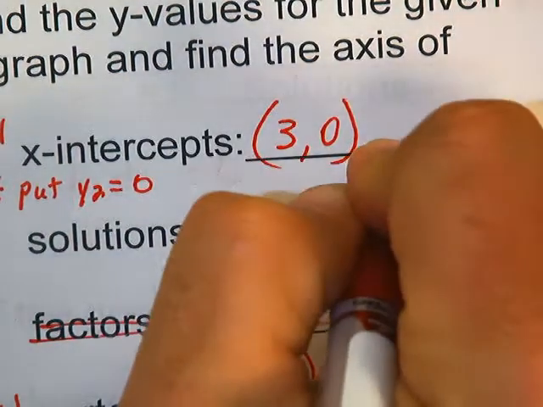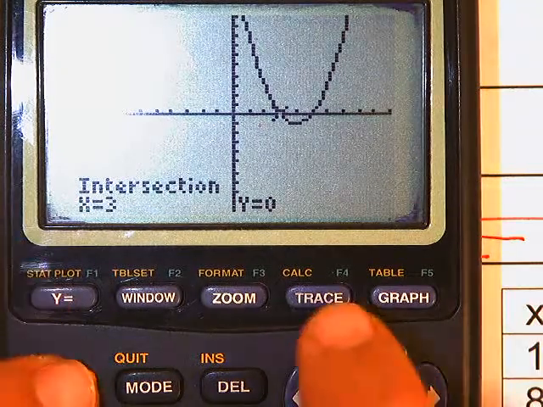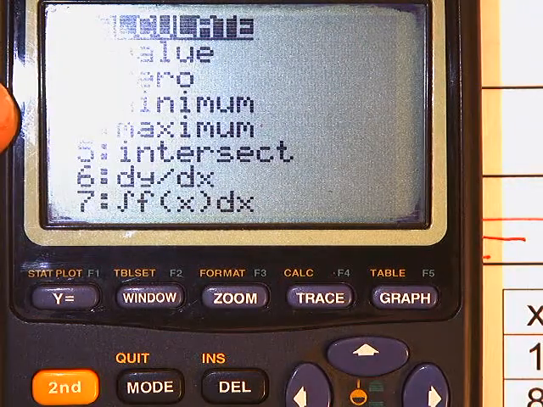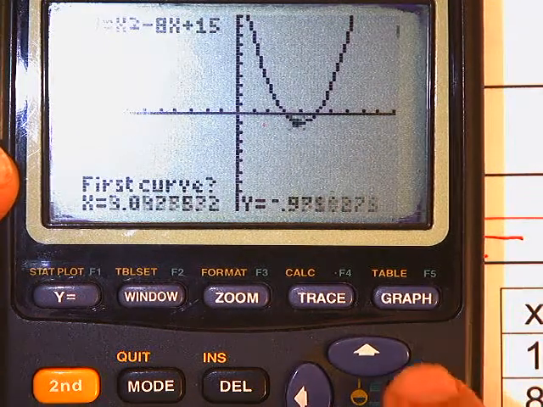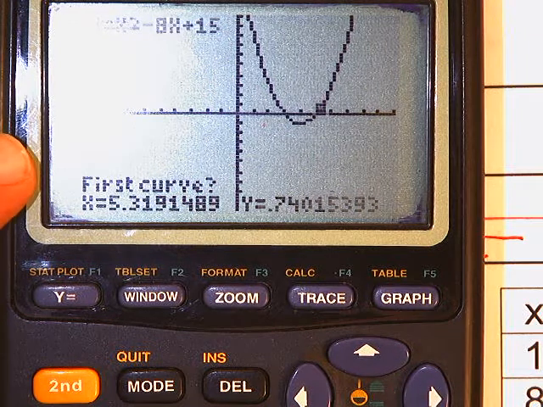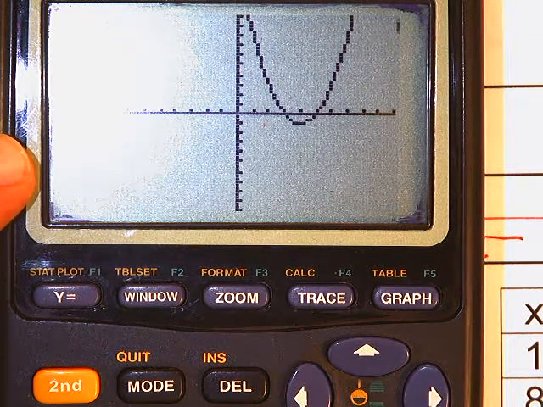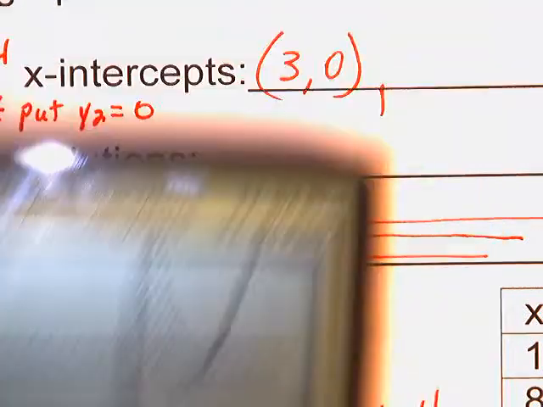Now for the second one. Second calc again, number 5. Move it to the other intersection. Hit enter 3 times. 1, 2, 3. The second intersection is at 5, 0.